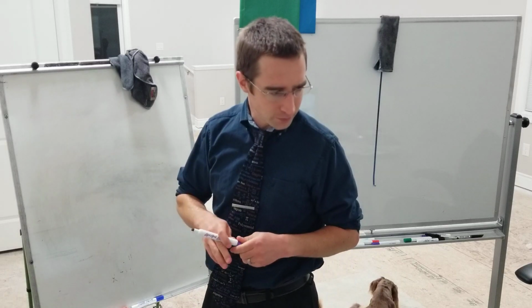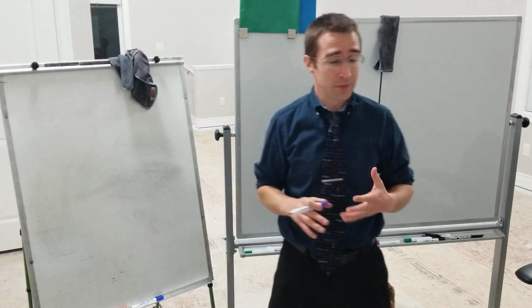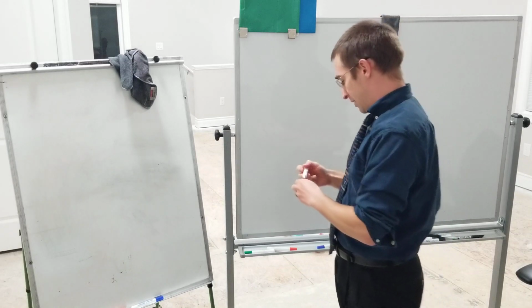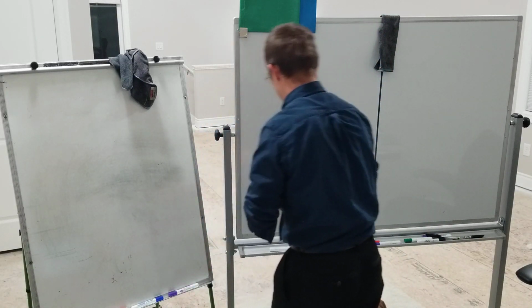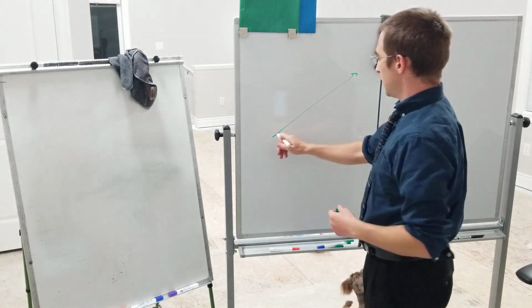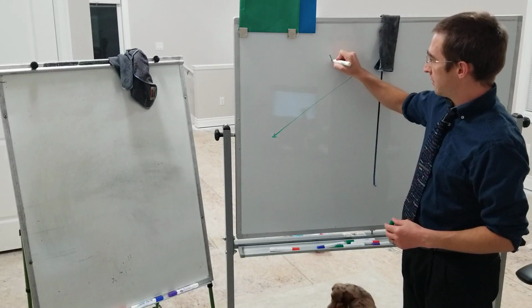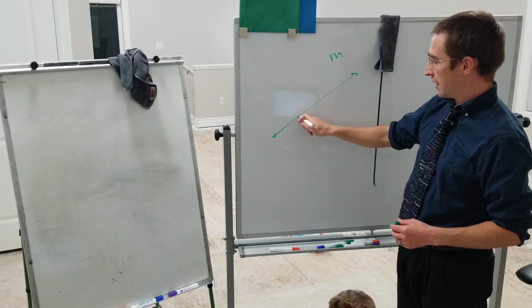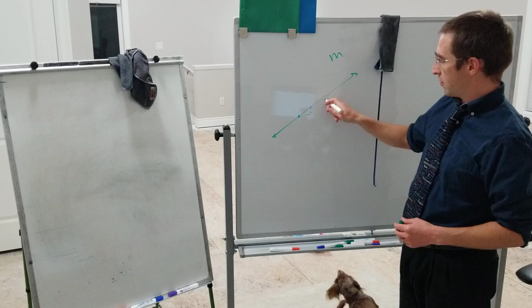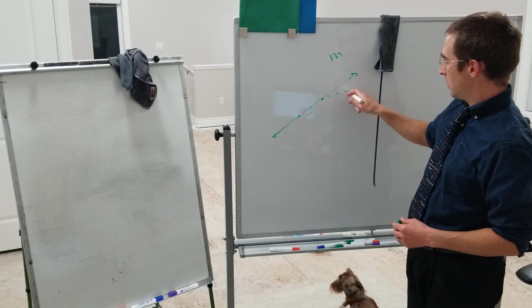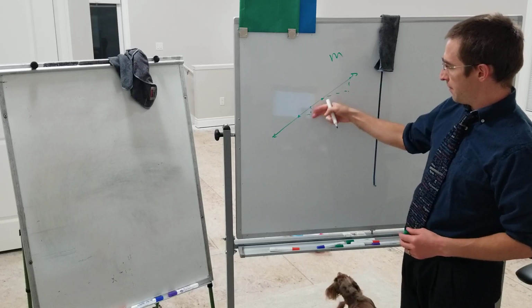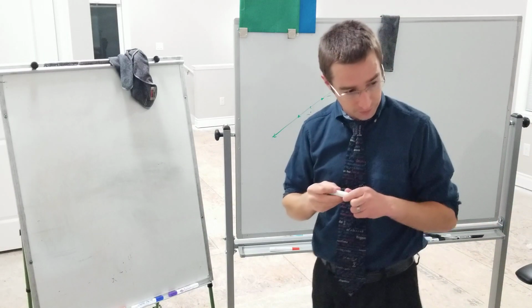So we're going to do a little bit of work to try to figure out what is this point slope form. So we know for a line, if I draw a line, the slope of this line, m, is constant. If I take any 2 points, this ratio of rise over run is going to be constant.